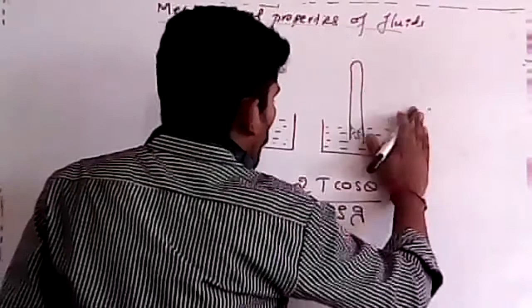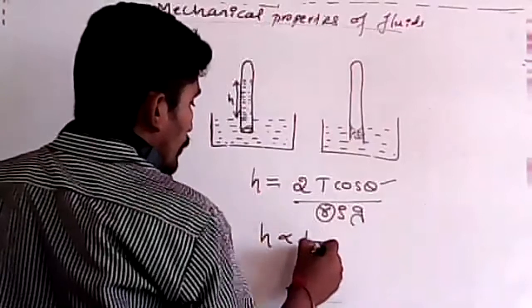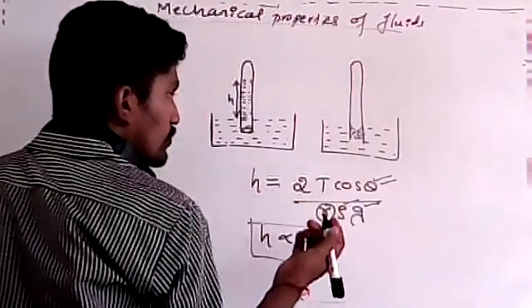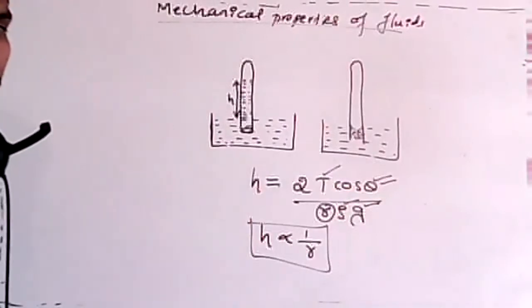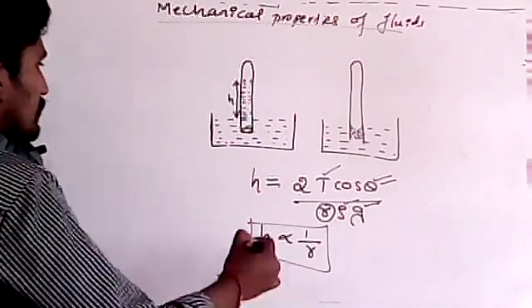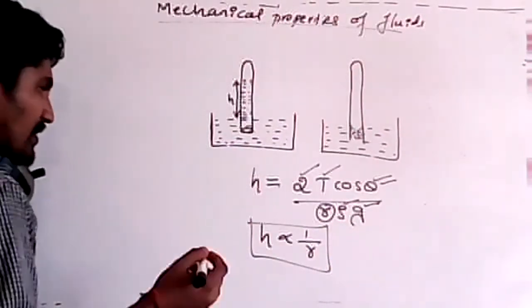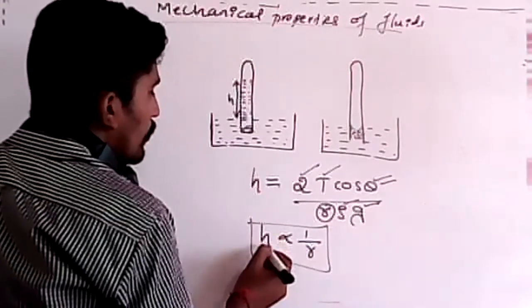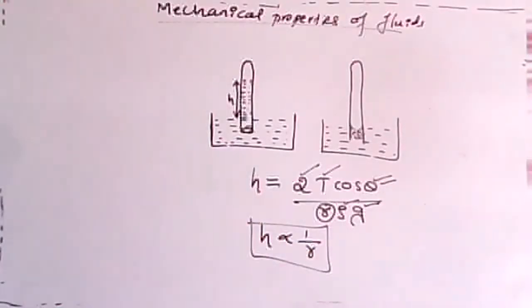We can conclude that h is inversely proportional to r. Why? Because the other terms are constant: angle is a fixed value, surface tension also. So as we increase the r value, h goes on decreasing. When the r value decreases, the h value increases.